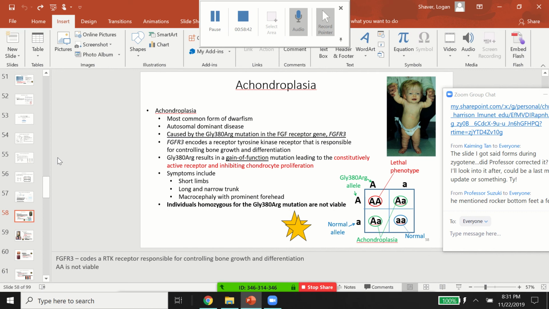Now it gives you examples of autosomal dominant diseases. It is important to know which diseases are autosomal dominant and which aren't, because I'm pretty sure they ask that sort of thing. They'll have Punnett square questions on the TBL, but they'll also have questions on what diseases are what.